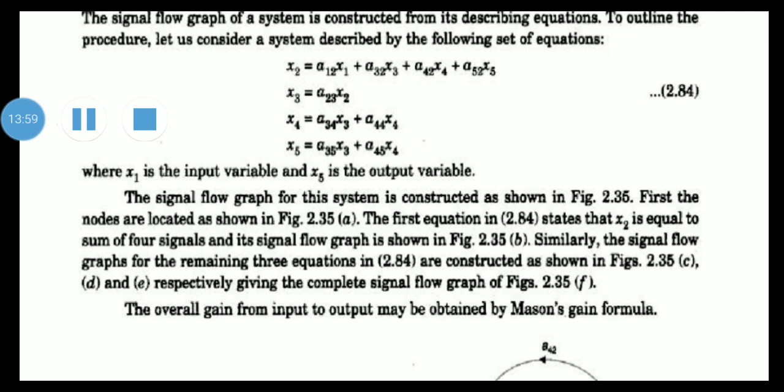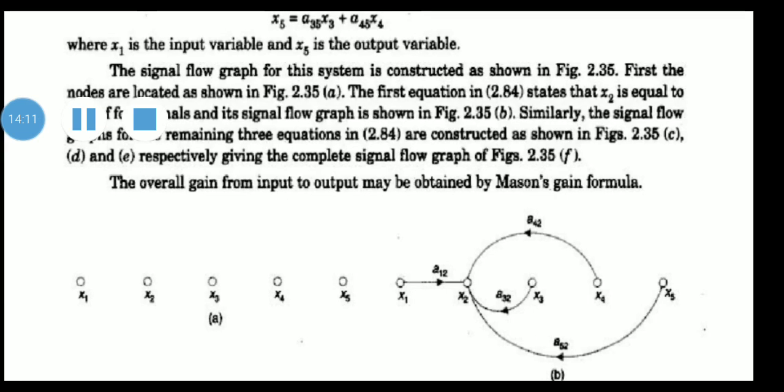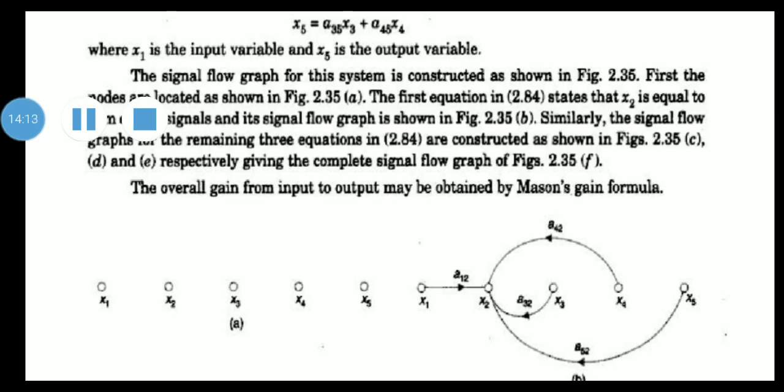So the signal flow graph for the system will be constructed as shown. First we have to locate the nodes. So locate the nodes x1, x2, x3, x4, x5. x1 is the input variable and x5 is the output variable, which has been shown in the figure.